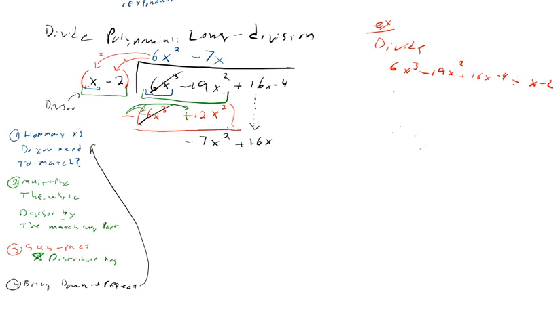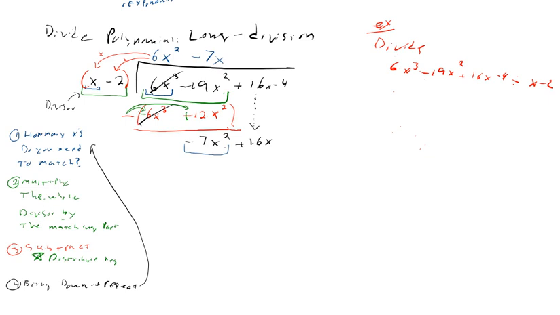So I'm doing long division. We're looking at the front number. We look at this first number. We want those numbers to match. How does my x become negative 7x? Multiply by negative 7.